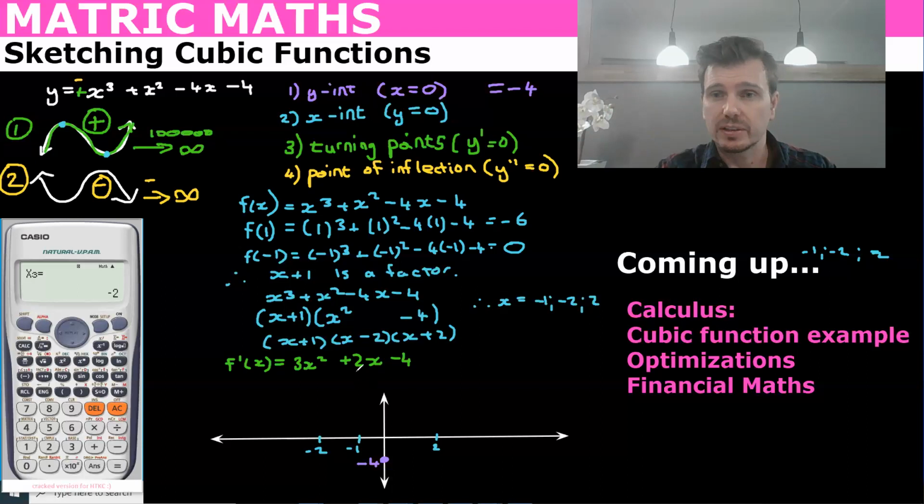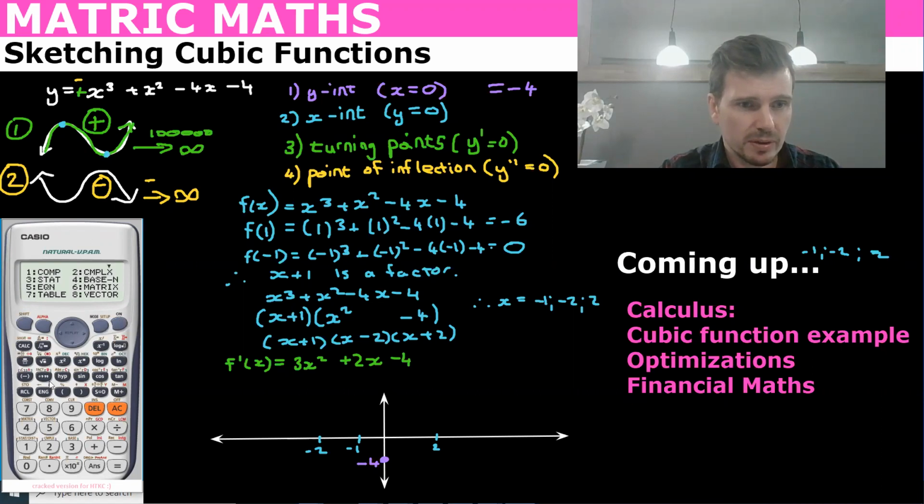I'll put that in the link on the video now, so check that out if you're not sure how we do this. But let's have a look. So we're going to clear this, and we're going to say mode, equation mode again, but now we're going to use the x squared, so 3 equals, 2 equals, and minus 4 equals.